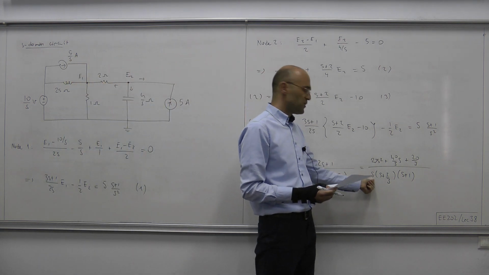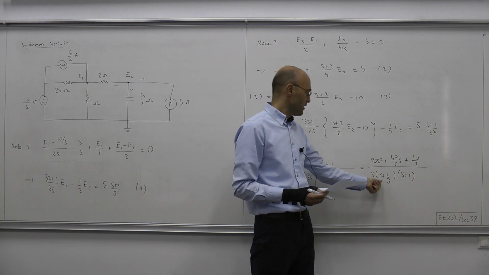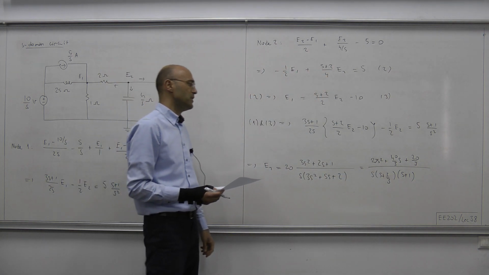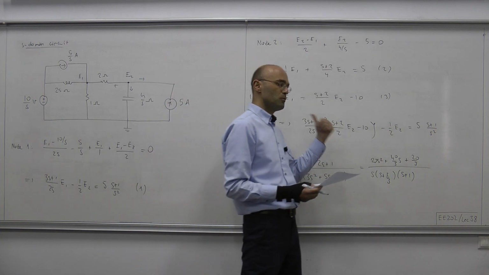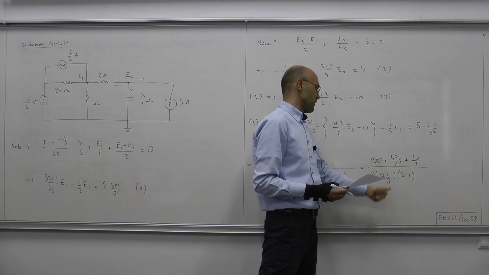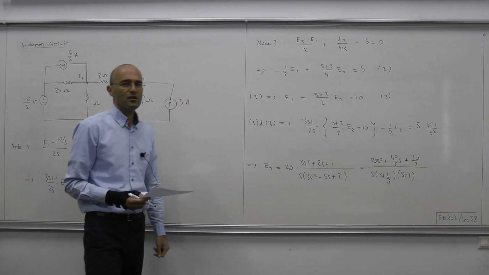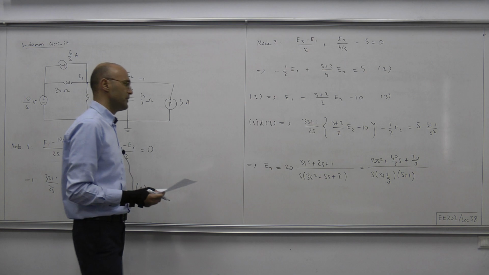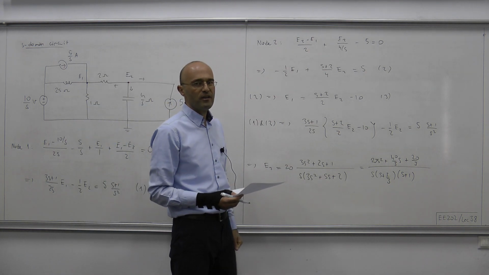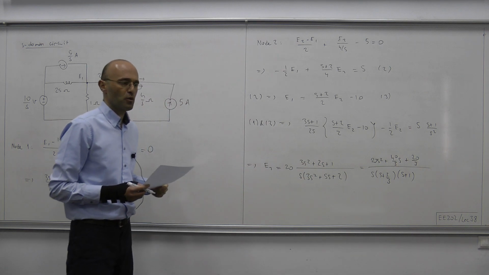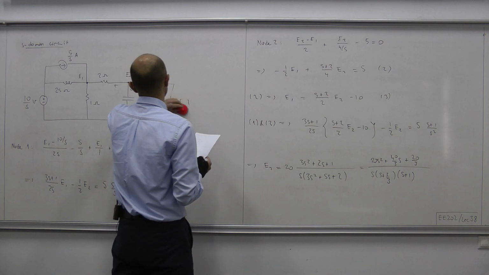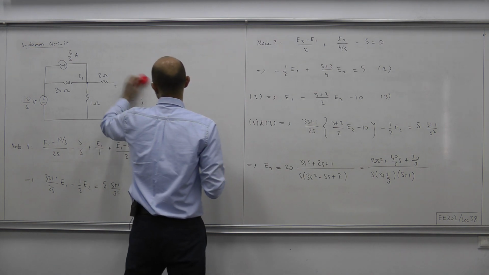Therefore, since we know that this is coming from the input, the remaining two poles must be the natural frequencies. That is, the circuit, which we know is second order, has natural frequencies at -1 and -2/3. So all that remains to obtain E2 of t is writing E2 of s as a sum of first order terms. Okay, so let's do that, and that will give us the answer.